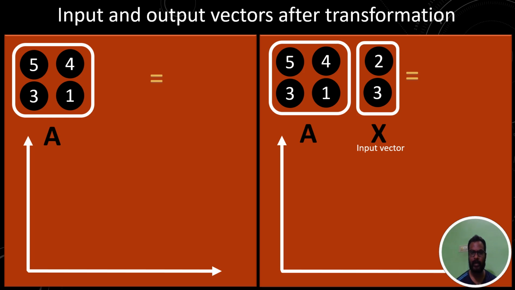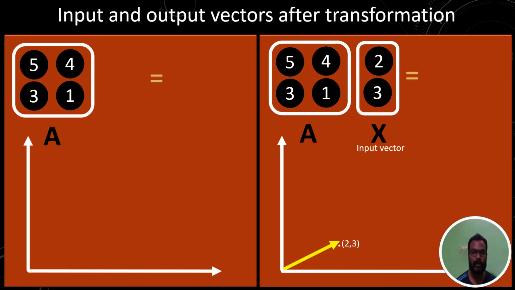Let us draw this input vector in a graphical manner. If you draw it in a graph, you will get this point, and draw a vector from the origin like this.